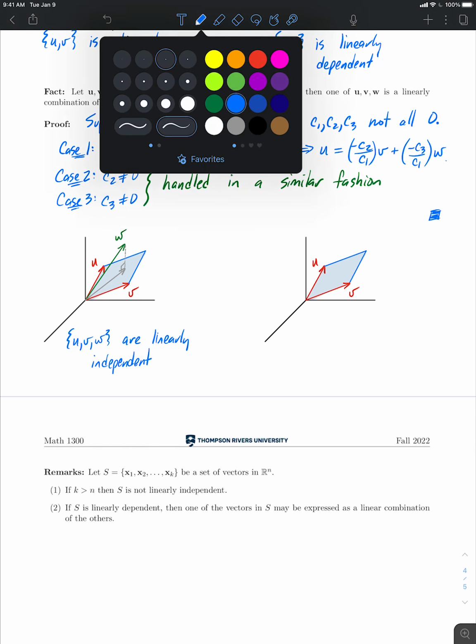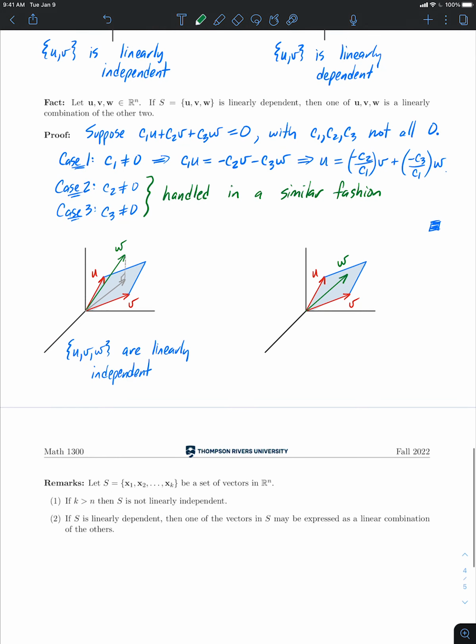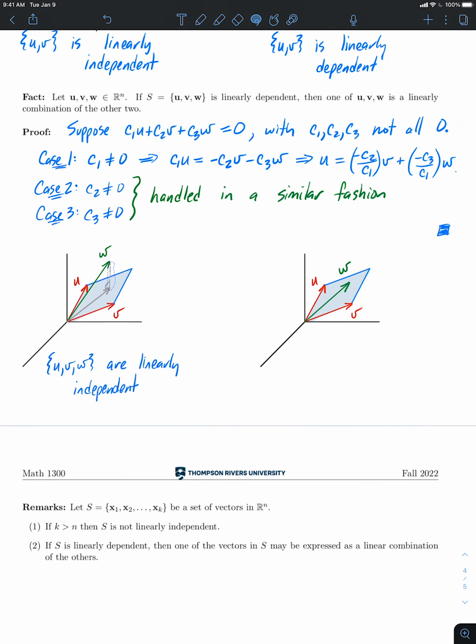Another possibility though is that w is in the plane. If you were to draw a picture of w, it wouldn't shoot up and away from the plane, and it wouldn't have that gray shadow, which is trying to capture the distance away from the plane, but that distance would be 0 in this case.